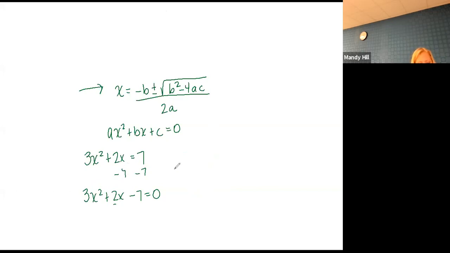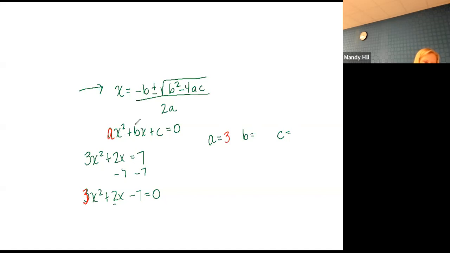So when you look at this formula, you're going to have to pick out some things. The first thing that you're going to have to pick out is your A and your B and your C. So when I look at this problem, A is always in front of x squared. So in my example, 3 here would be the A. Okay.